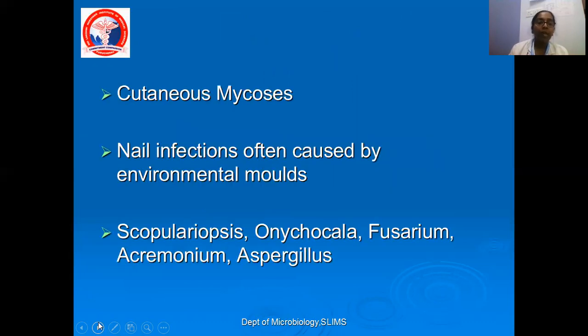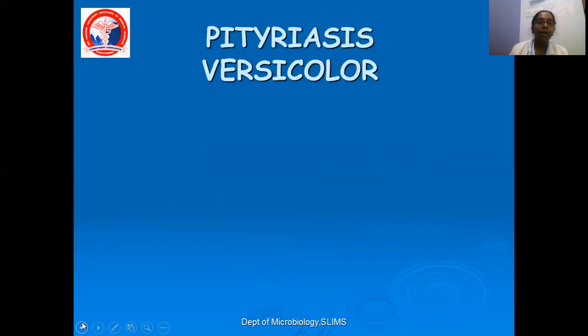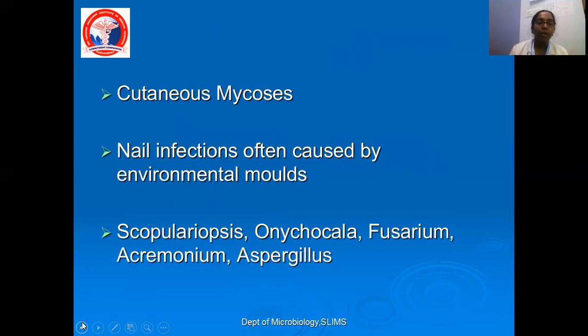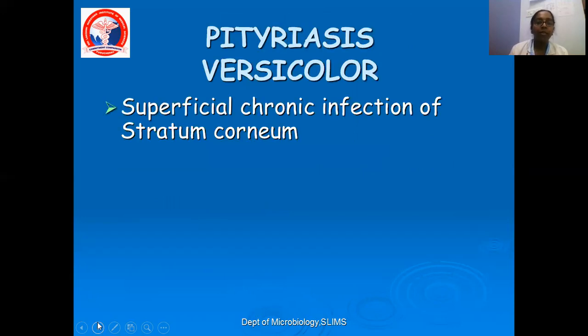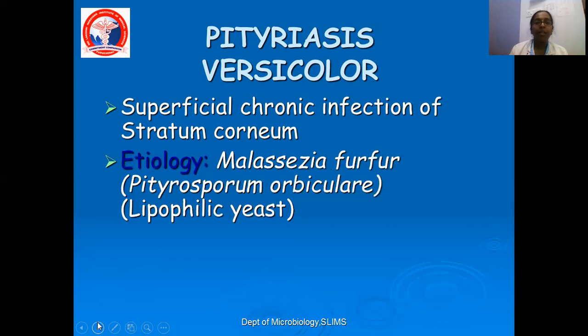So you have the nail infection, which is more common. It is caused by Scopulariopsis, Onychocola, Fusarium, Acremonium, and Aspergillus. The superficial cutaneous infections involve the surface layer, that is the stratum corneum.